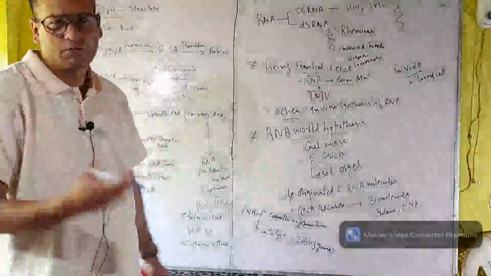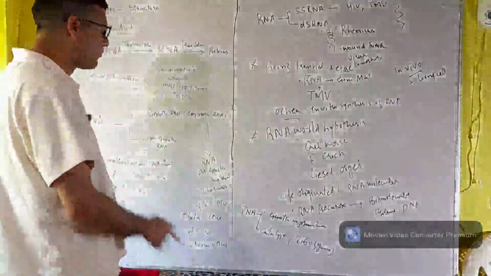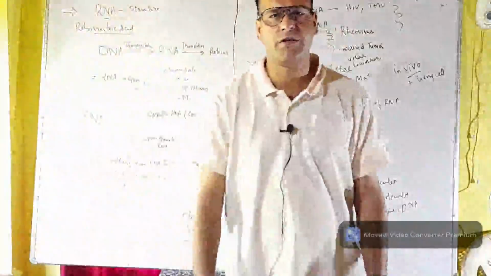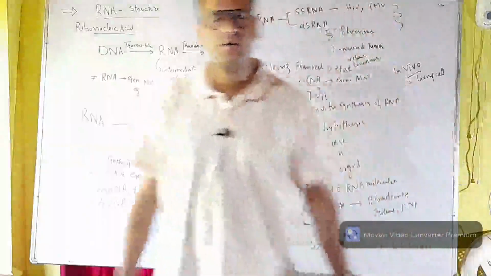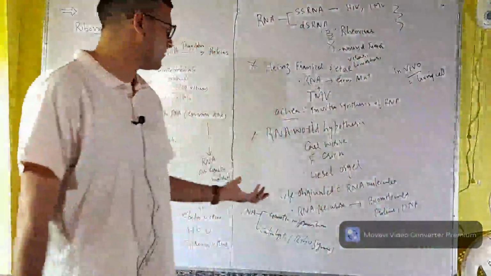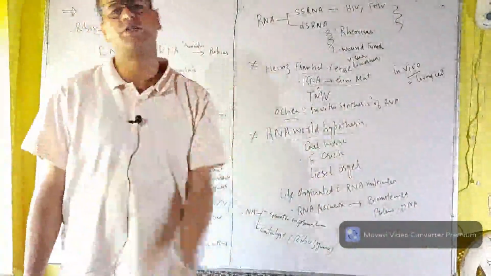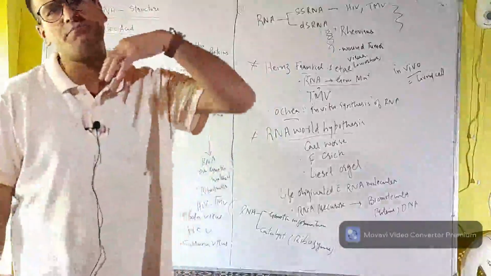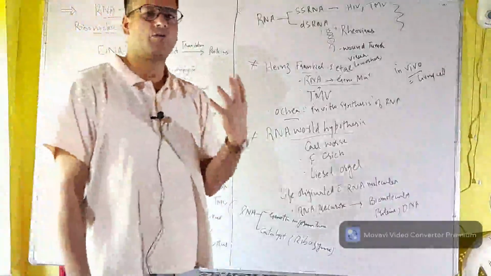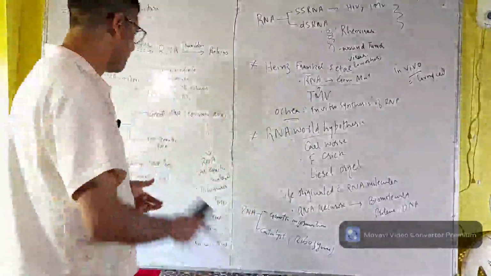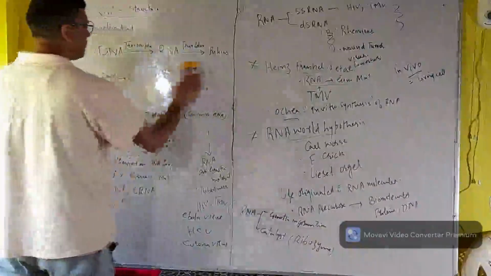And we know that RNA also stores genetic information. These two remarkable properties make them say that RNA molecules were the first to originate on the surface of the earth, and from them other biomolecules originated. So RNA acted as a precursor for other biomolecules like proteins.